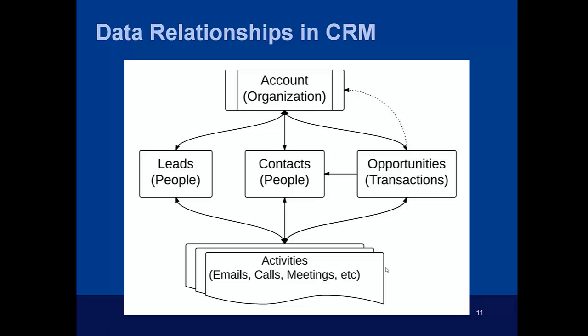When you're having those actual meetings, those meetings can be related to multiple pieces of information. You might be exchanging an email with a lead, and the cool thing about that is that the system is intelligent enough to know that because this activity is related to this lead, it is also by association related to this organization.